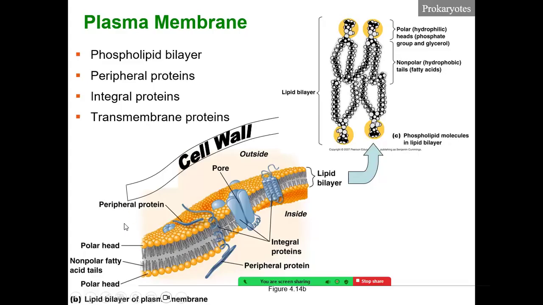It doesn't matter what we're in, because even in bone, the majority of the bone is water. So outside the cell, there's mostly water. And then the fatty acid tails face inside because they like to be among themselves or among lipids, and they do not like to be around water.